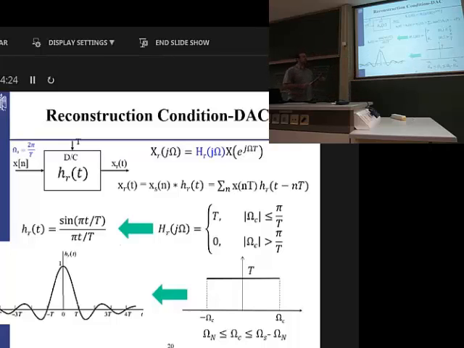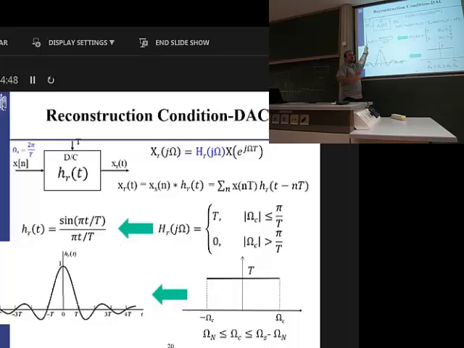So based on the idea that I told you, when we have repetition of the spectrum with the period of 2π, when we want to recover the signal back, we need to take the baseband spectrum and do the inverse filtering. But how is it possible?